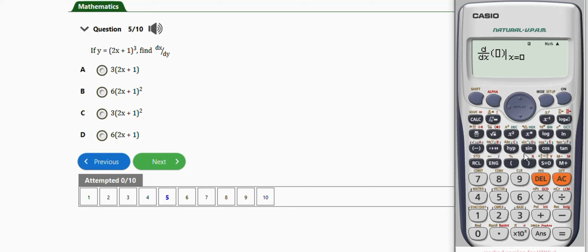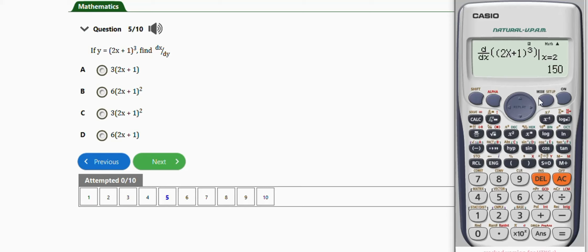So we have open bracket, we have 2 alpha x plus 1, close the bracket, then put the power on the exponent and balance the bracket. Very important. Okay, the bracket is already balanced. We have 2 at the left bracket and 2 to the right, so it's balanced, guys. So come here and put the 2 you stored. So this is the function we have here as the question. Let's press equal to.